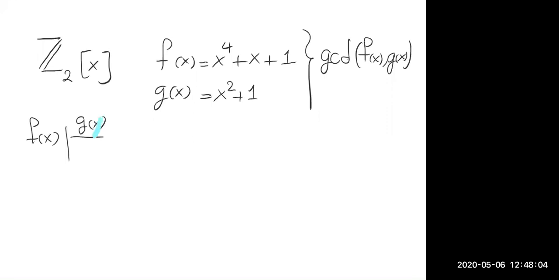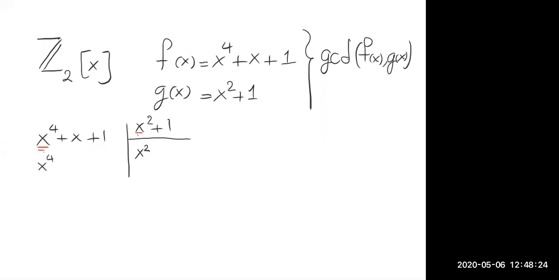Okay, so let's do it. It's x to the 4 plus x plus 1 divided by x squared plus 1. Here I have x to the 4, here I have x squared. If I multiply x squared by x squared, I would get x to the 4. If I multiply x squared by 1, I would get x squared.